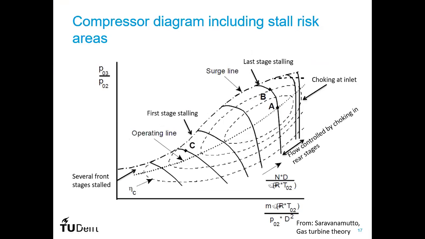You have the different types of compressor diagram, where you have those lines of constant speed, and here's the dimensionless mass flow, and here's the pressure ratio. It's also very important to know for an axial compressor. What's very interesting here is that these lines are more or less vertical.